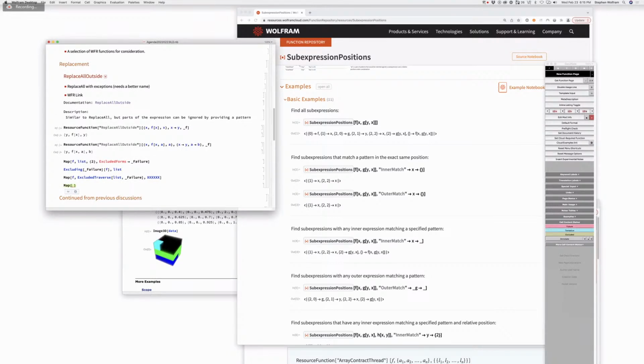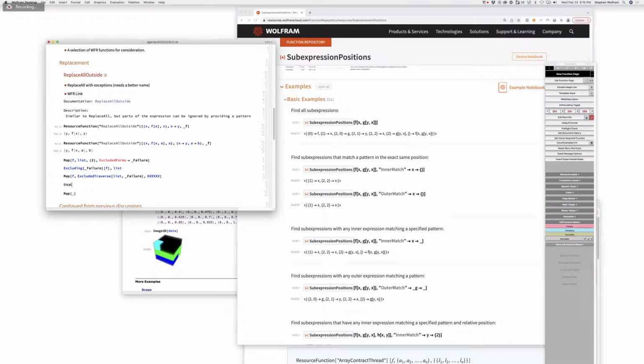Yes, that's correct. I mean, it's like, look, it would be treat as atomic anything with head H and don't go inside it.